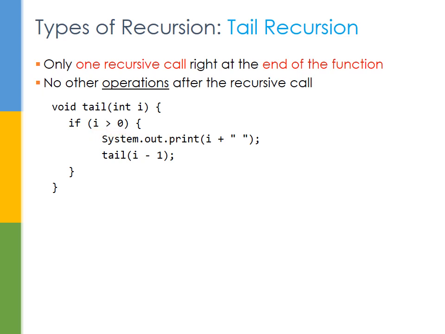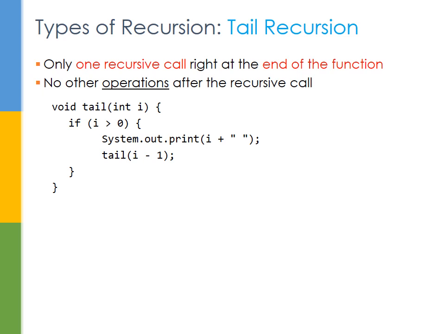If it is greater than 0, we simply print i out to the screen, and then we call the tail function and we pass through a parameter which is the value of i, in other words, the current parameter value for this recursive call, and we subtract 1 from that i value, which means that we're sending through a value that has been reduced by 1.